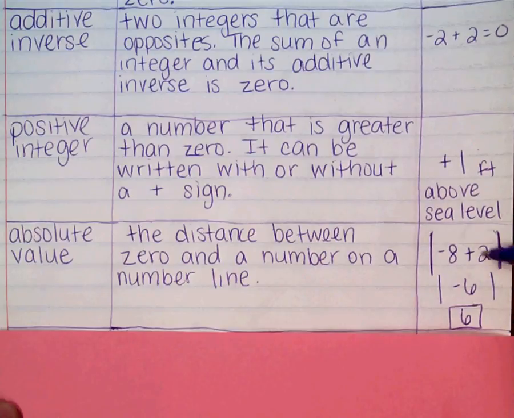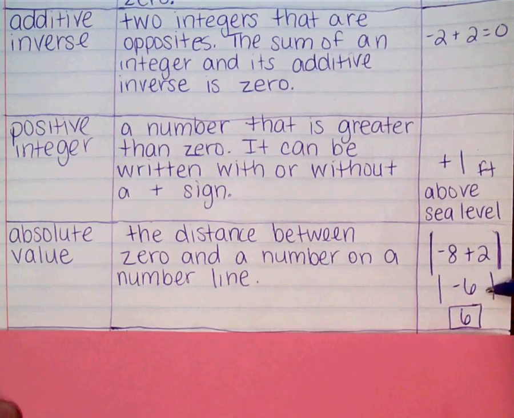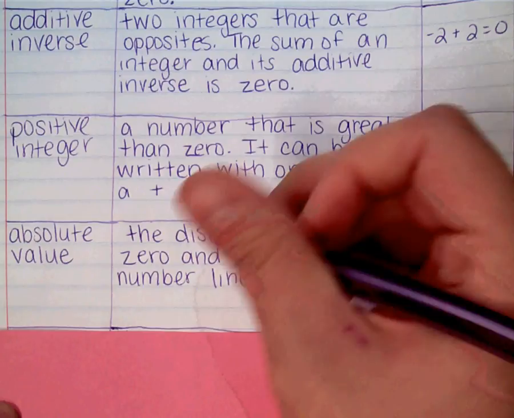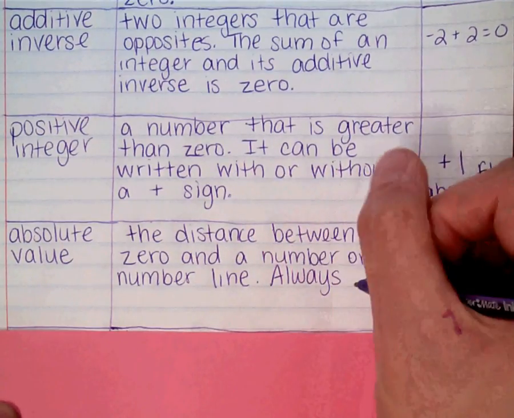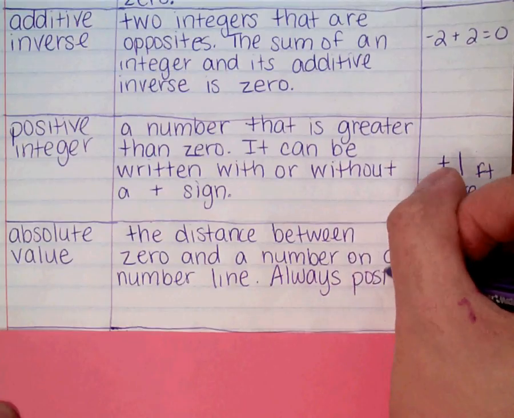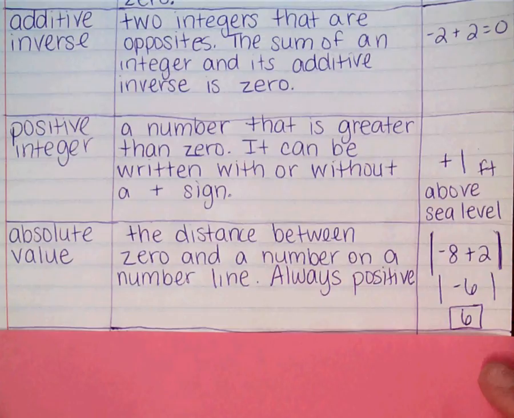So for this one, you'd solve what's on the inside first. So -8 plus 2, that equals -6. The absolute value of -6 is 6. Absolute value is always positive, so you can add always positive. Go ahead and pause the video.